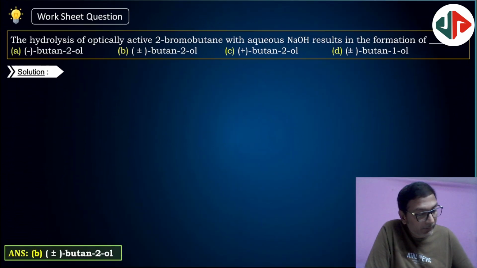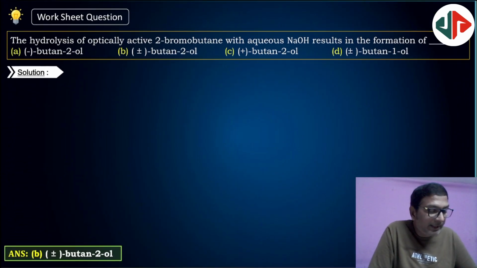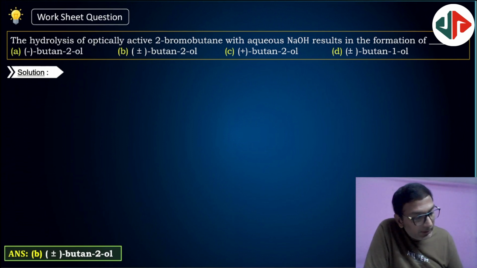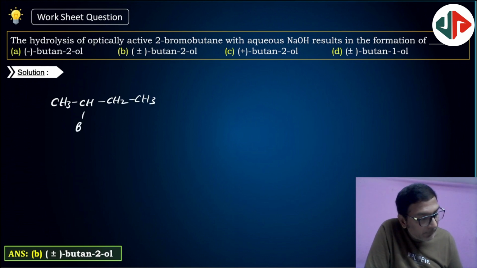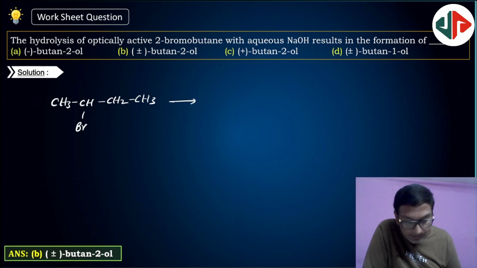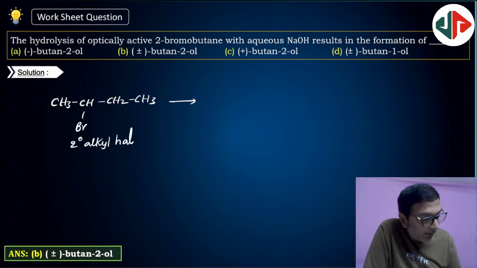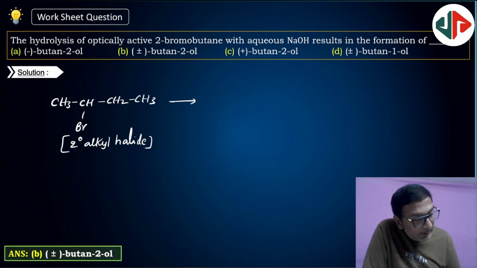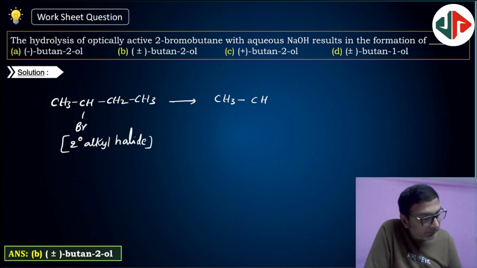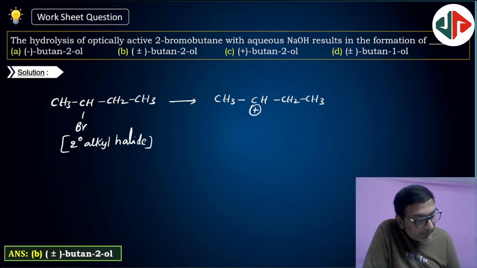Next. Hydrolysis of optically active 2-bromobutane with aqueous NaOH results in the formation of... So if it undergoes SN1, a secondary alkyl halide, first it gives CH3, CH, CH2, CH3 plus carbocation.